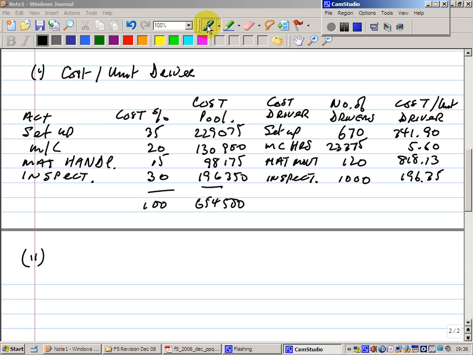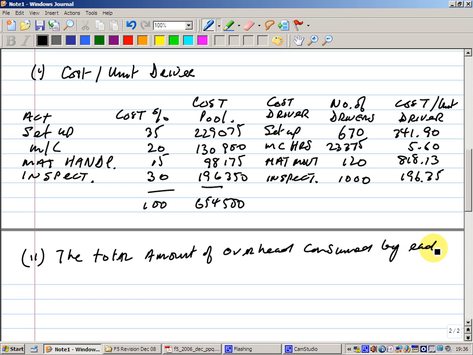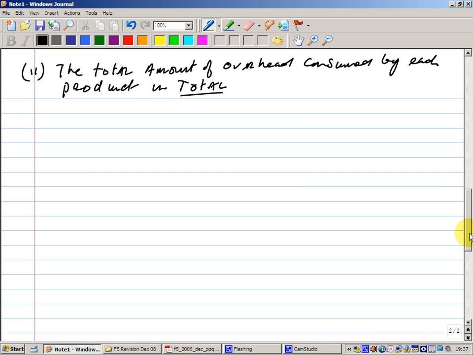The next step is to calculate the total amount of overhead consumed by each product in total. For this we need a tabular working, and it's best to set this out in one table if you can. However, you do need to be careful with your workings so that you can fit it all in.